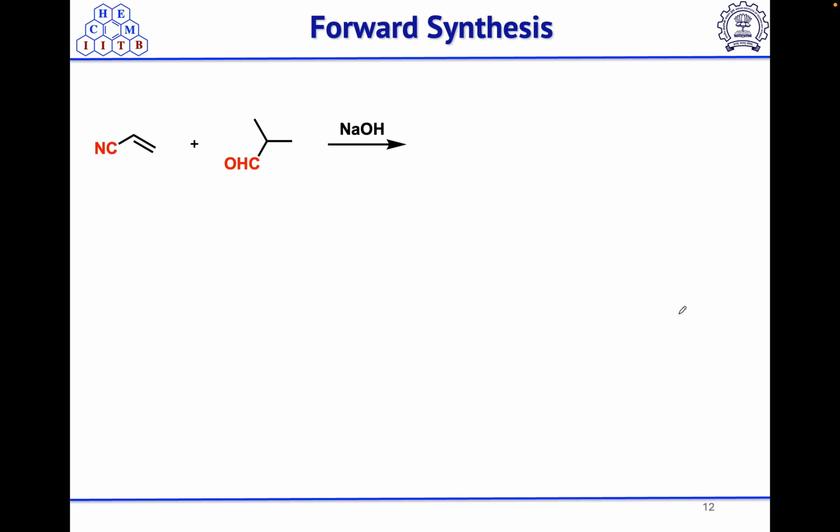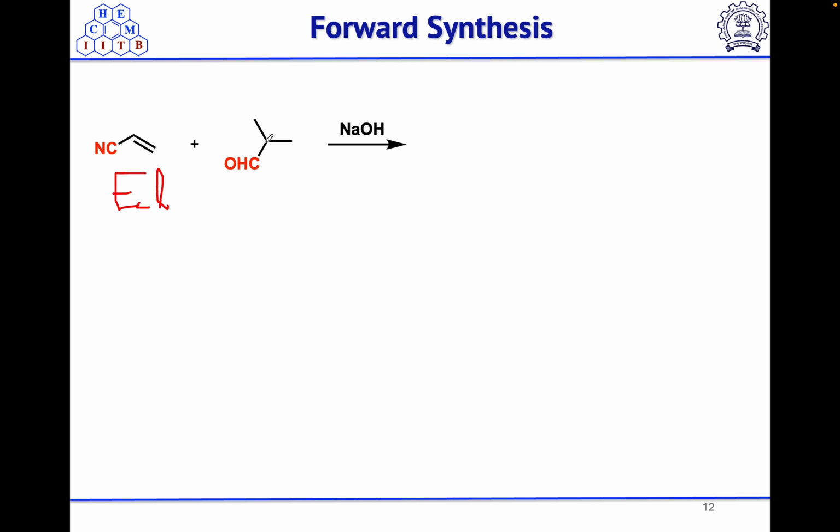In the forward synthesis, we first need to do the addition reaction. We have this electrophile, and this will be the nucleophile. So first we need to generate the nucleophile from this reagent.